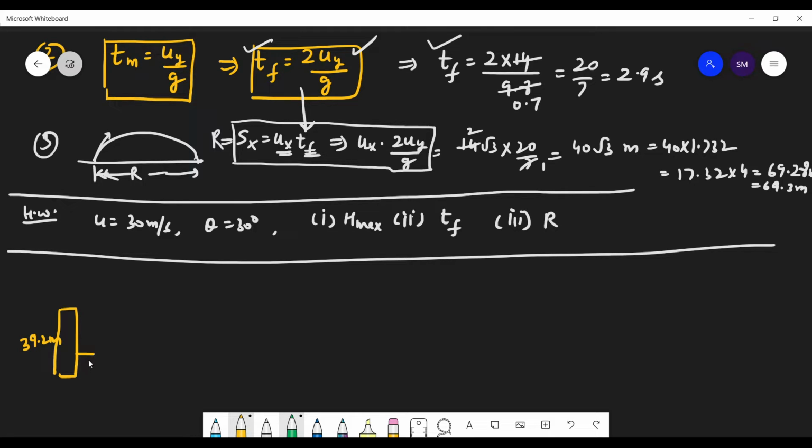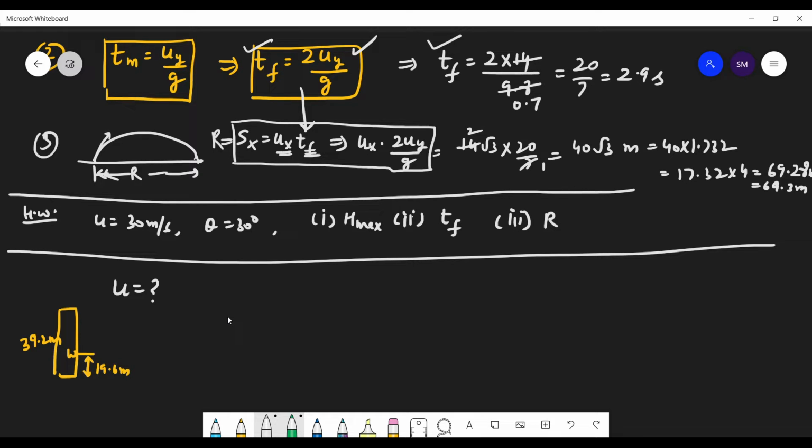So we have a window which is 19.6 meters above the ground. So it just passes the window. Calculate the velocity of projection of the ball. So we have to find the velocity with which this ball is thrown. So we have to calculate u in this question.